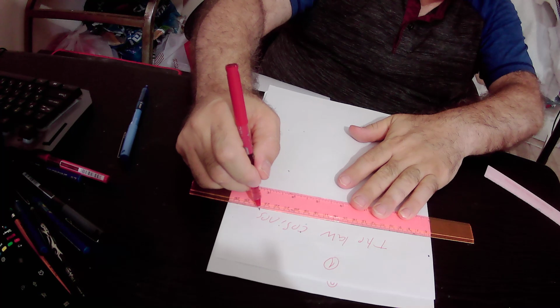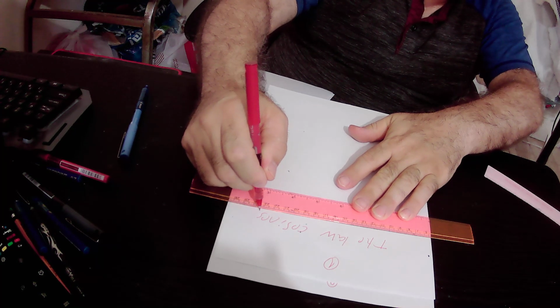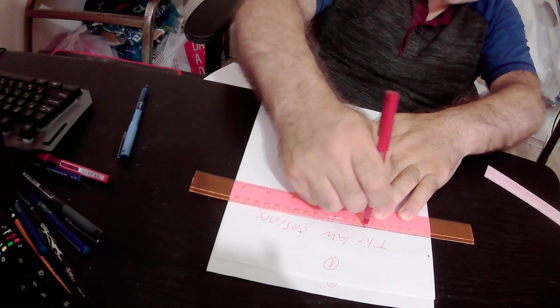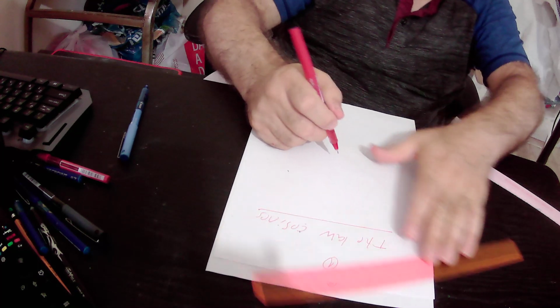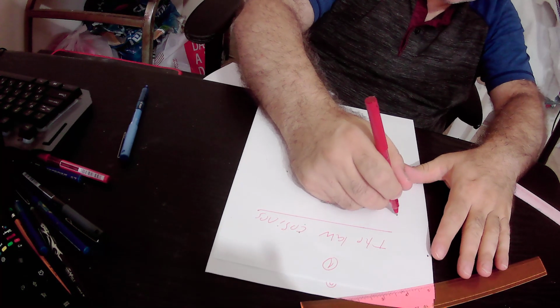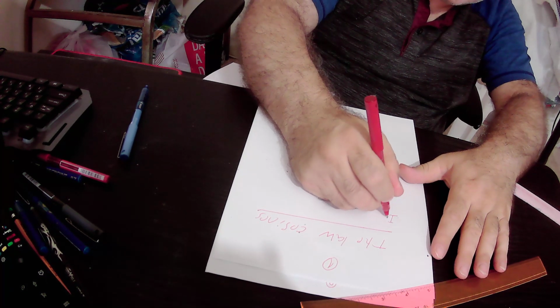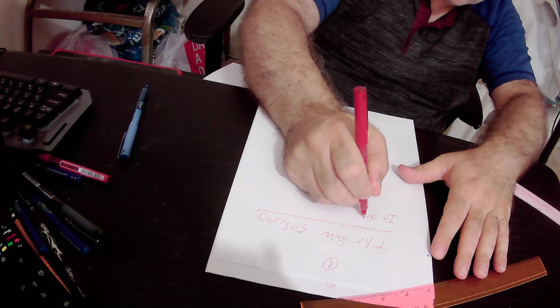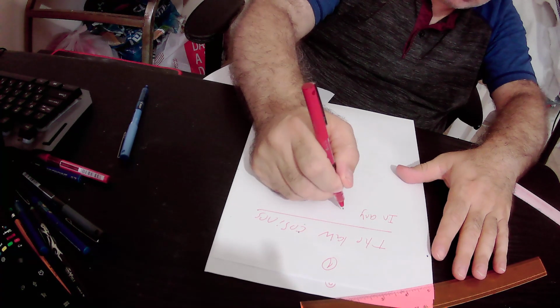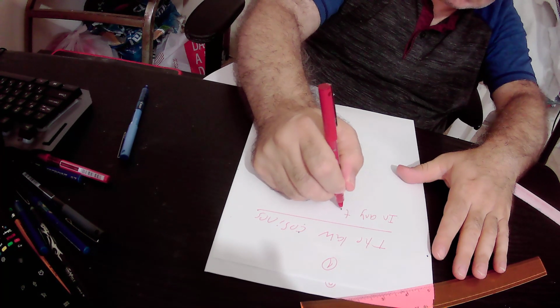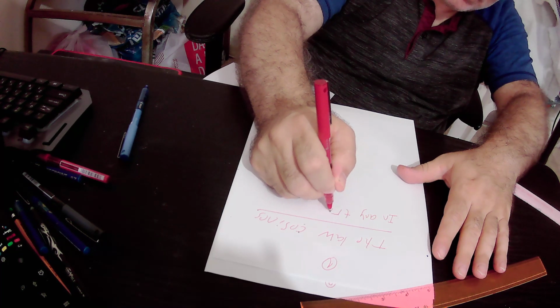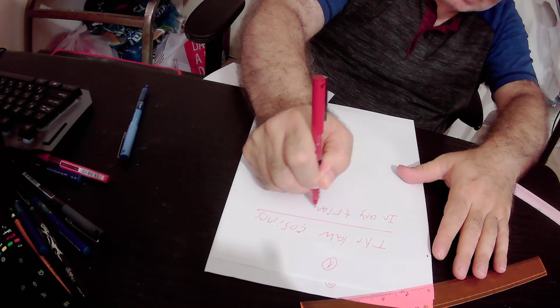The law of cosines applies to any triangle. In any triangle we can use the law of cosines because it is true for any triangle.